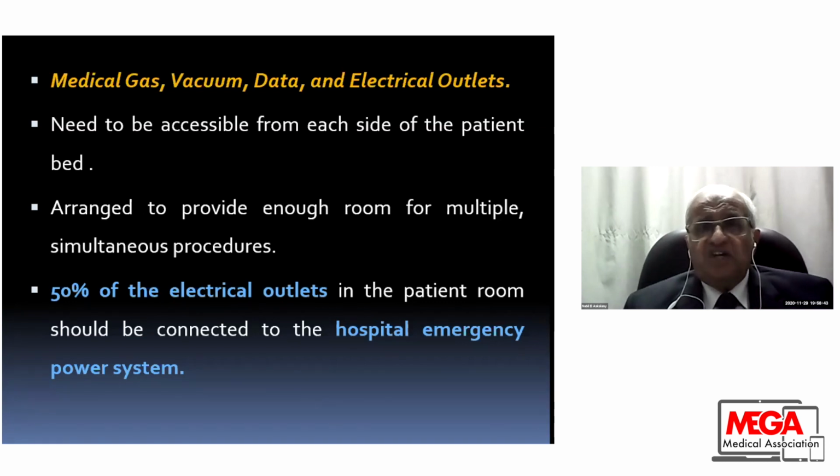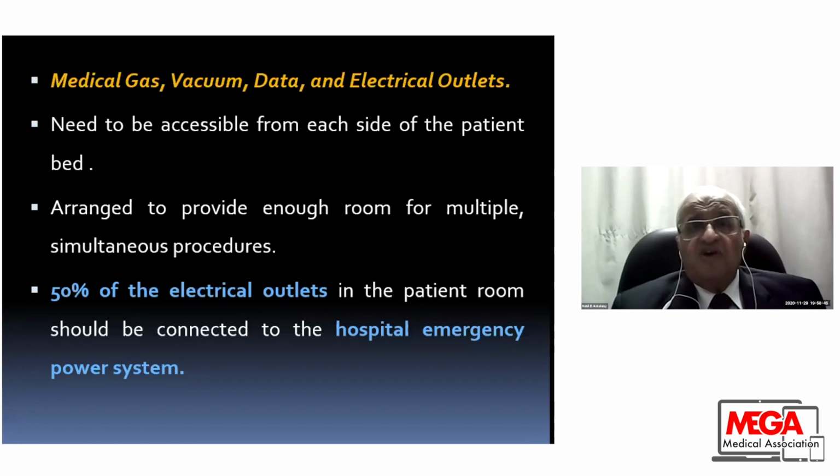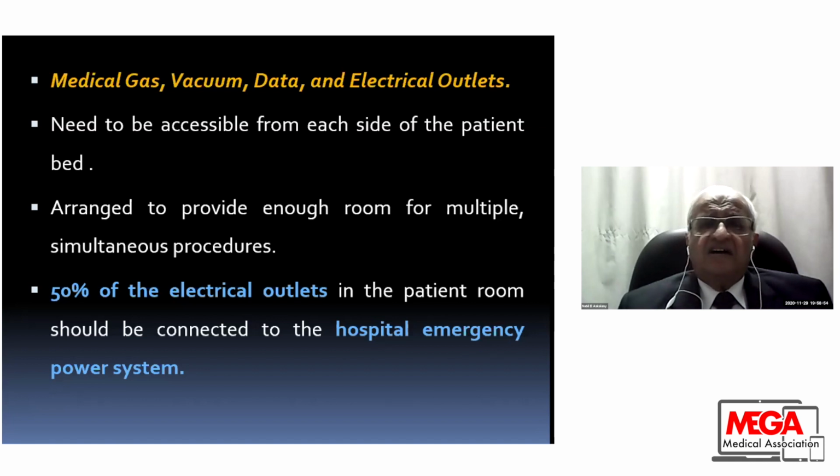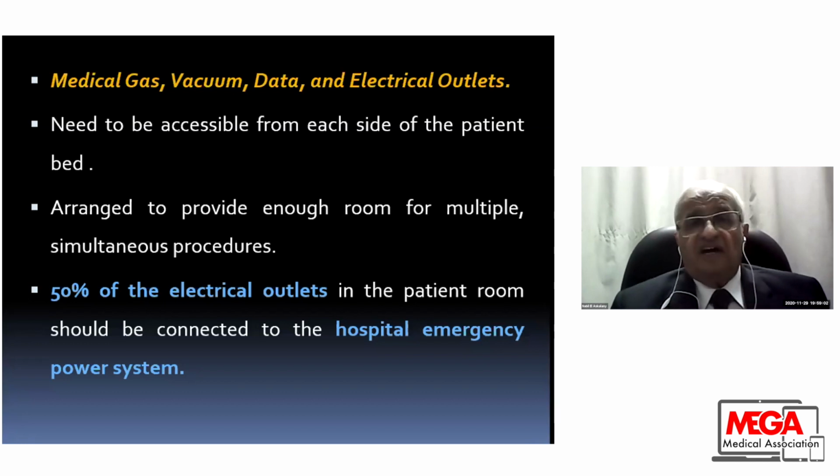They should be arranged to provide enough room for multiple simultaneous procedures. We should also attach 50% of these electrical outlets to the hospital emergency power system, so that if electricity failure occurs, the patient wouldn't be affected.